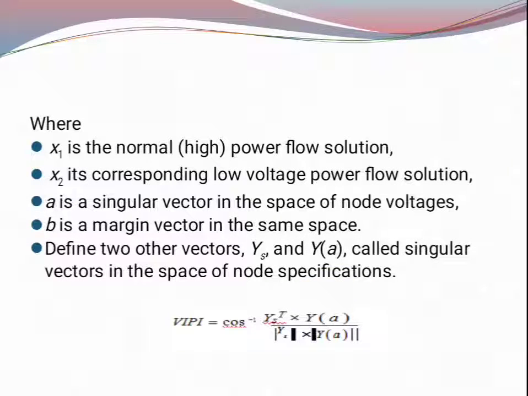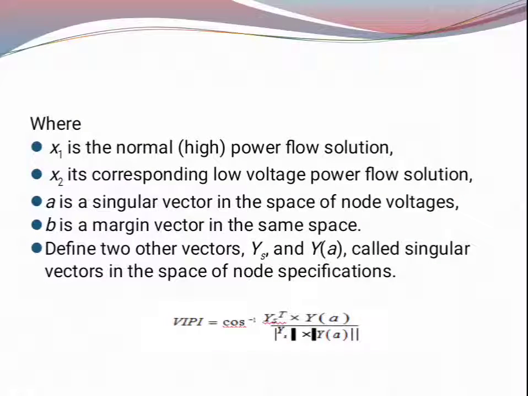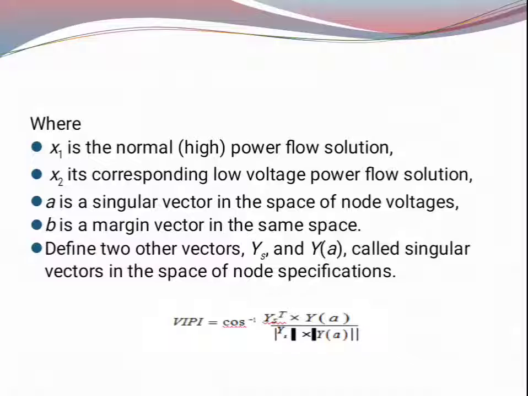Here x1 is called the normal power flow solution, the high voltage power flow solution, and x2 corresponds to the low voltage power flow solution. A is called the singular vector in the space of node voltage, and B is called the margin vector in the same space.